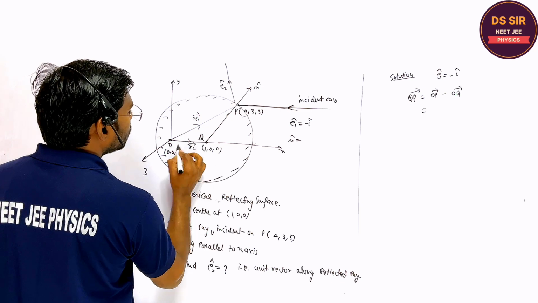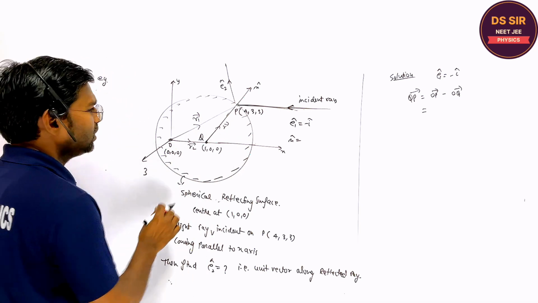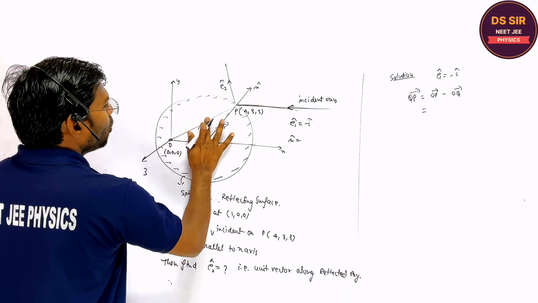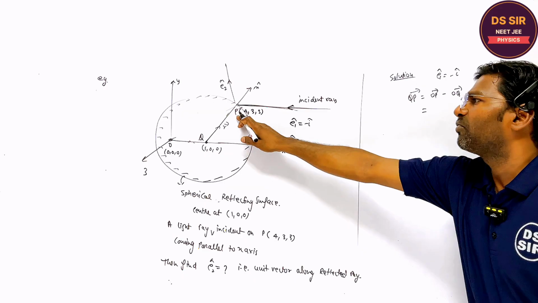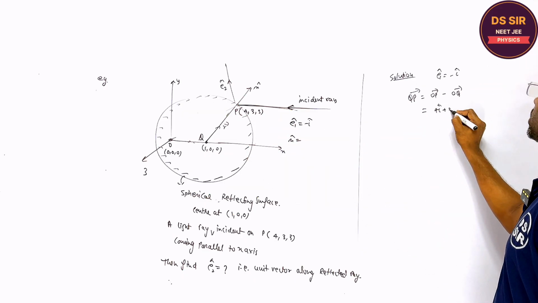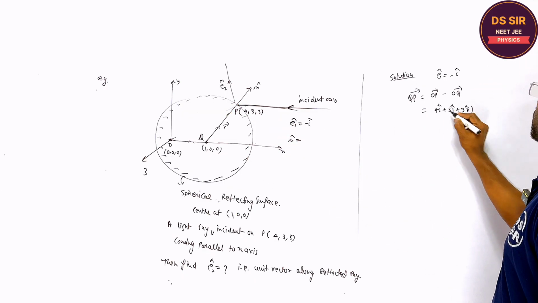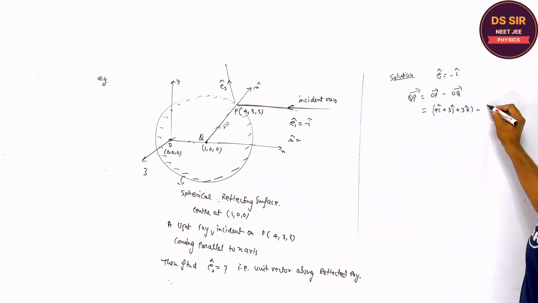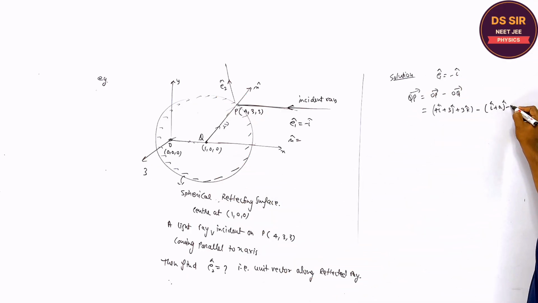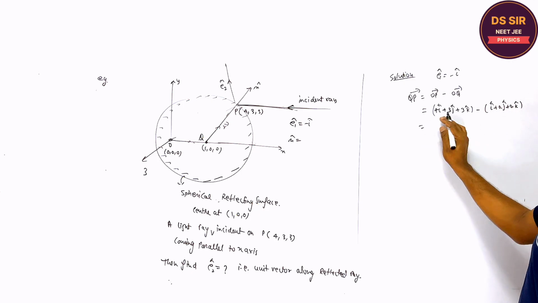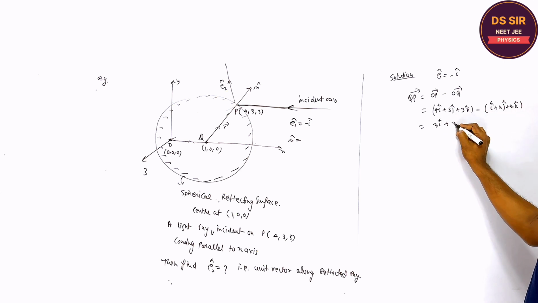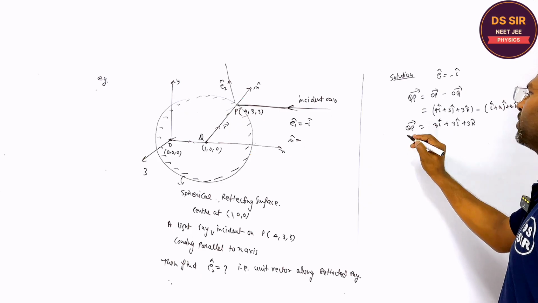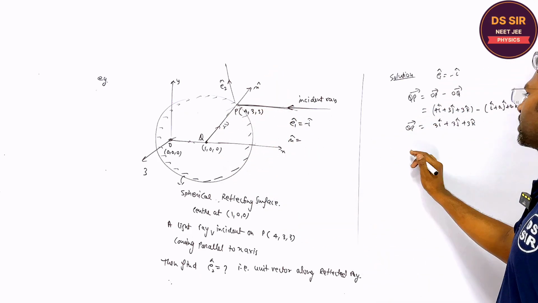OP and OQ are the position vectors of points P and Q. So this is 4I plus 3J plus 3K cap minus I cap plus 0 J cap plus 0 K cap, which gives 3I plus 3J plus 3K cap. This is the QP vector.